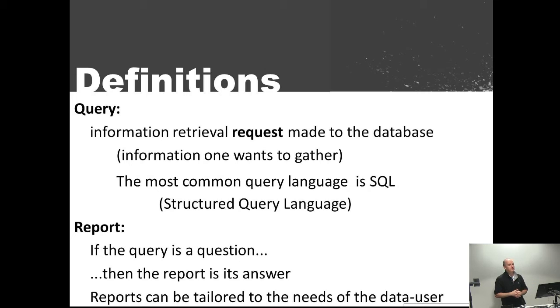So sometimes you do queries in order to gather information that will give you some knowledge, or sometimes the report is the end product, like the receipt that you pass to your customer.